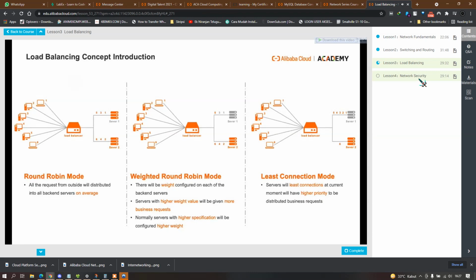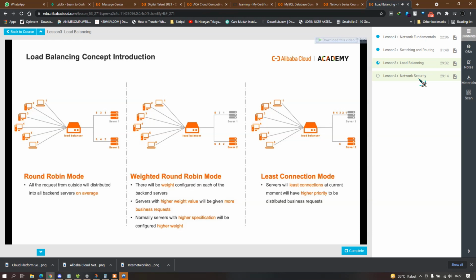Okay. The next one that we should know is that when we're doing load balancing, the business request distribution, we have 3 different kinds of distribution policies or rules to decide how the load balancer will distribute the business requests. The first mode is the round robin mode.